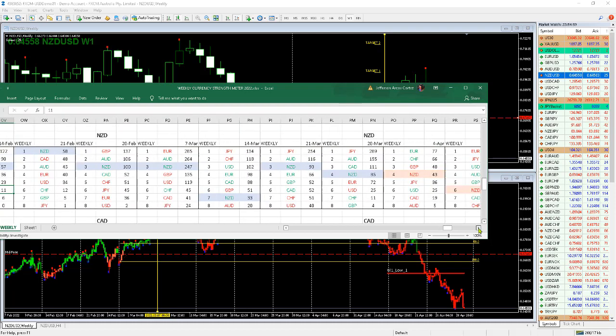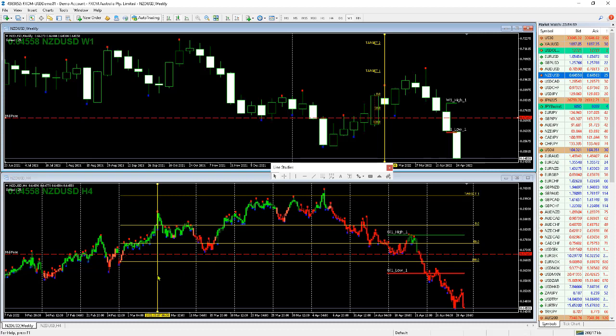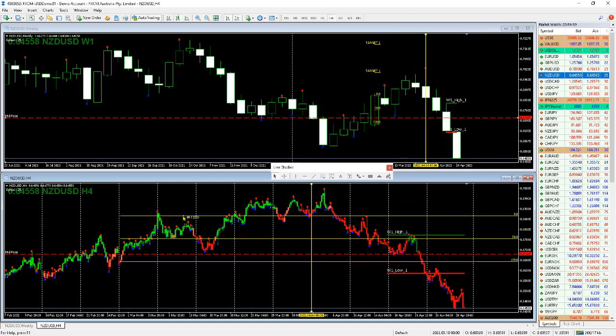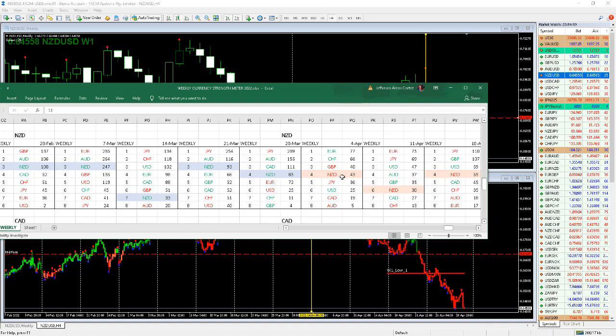And until the 4th of April, I continue sort of finding the high potential. New Zealand is a very good group to trade as well. So if I look at the 4th of April, there's the 4th of April, and if I look at what pair was good, it says the Euro New Zealand. It was something good.